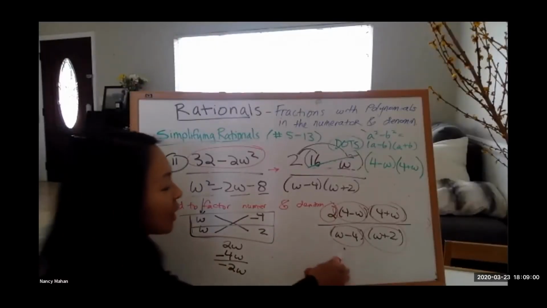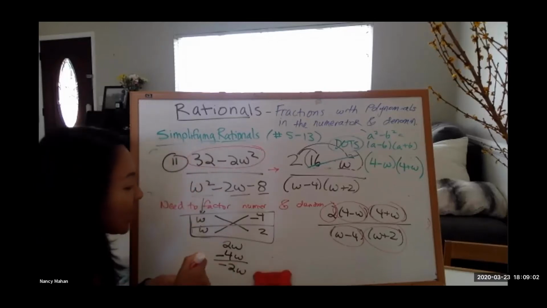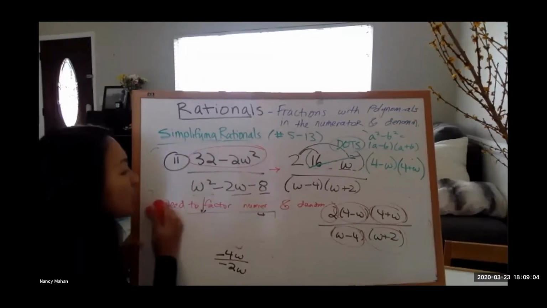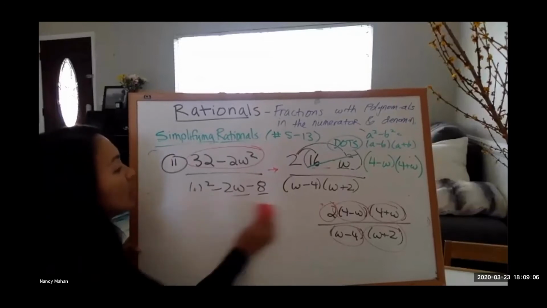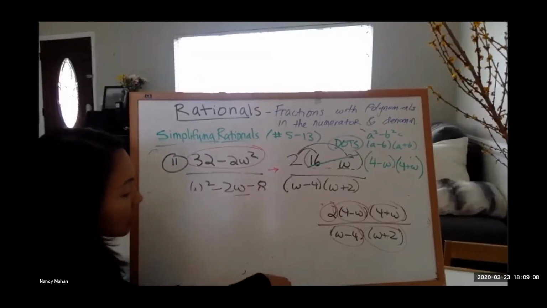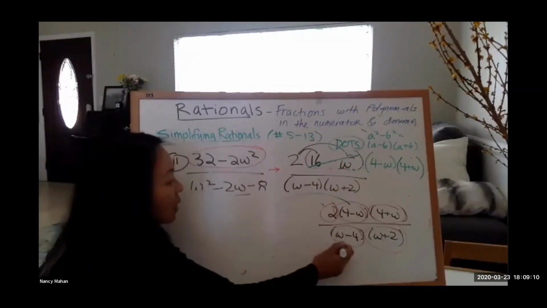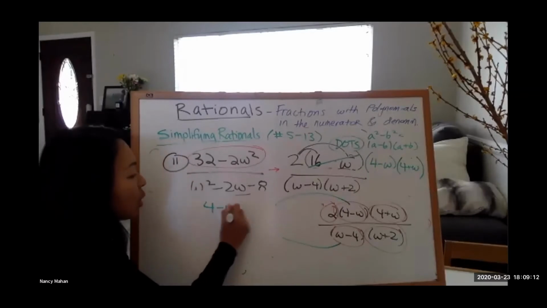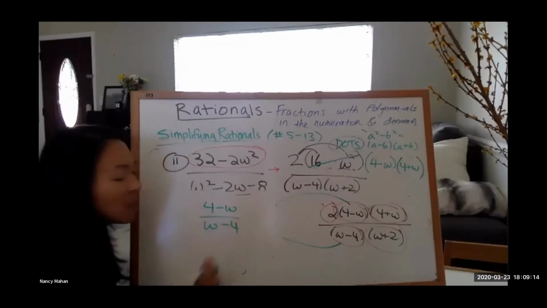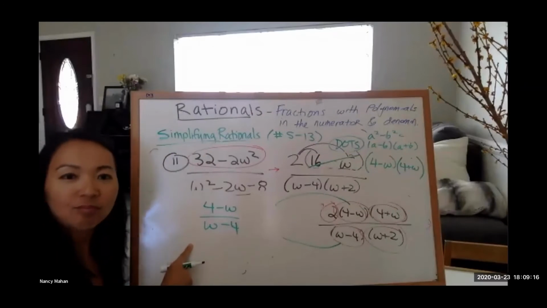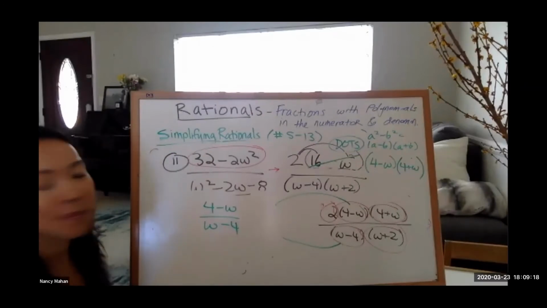So let's take a look at that. I'm going to pull that out here. Let me erase this real quick. I'm going to pull out the one that Alexis said. So 4 minus w over w minus 4, are these the same? No. Why not, Tim? Because it's a negative w, and on the bottom it's not a negative w.